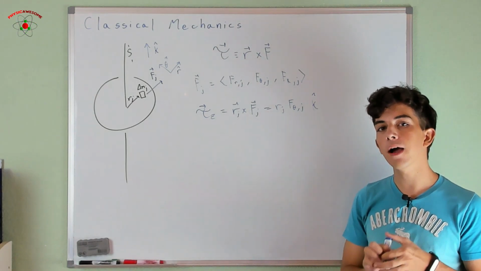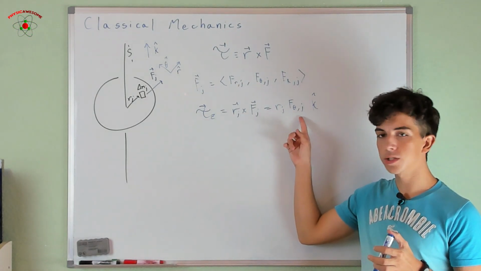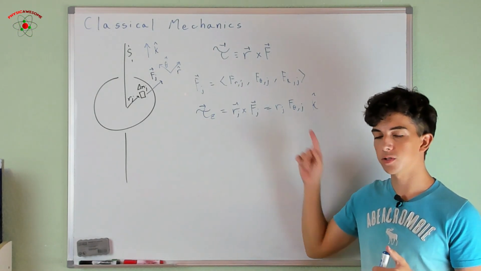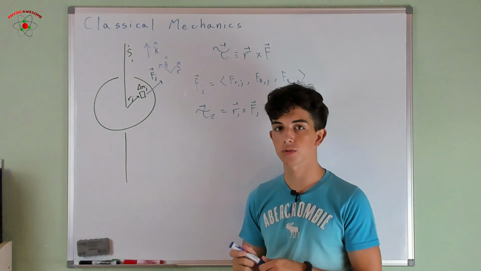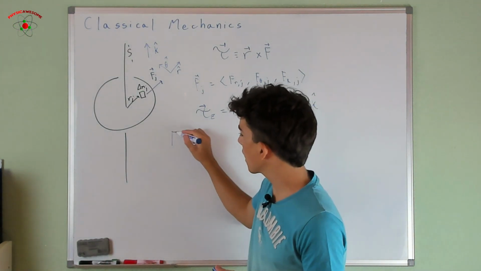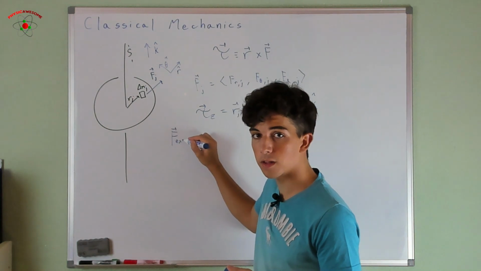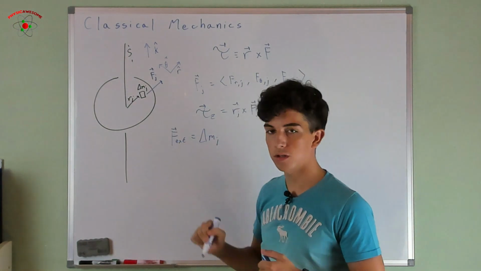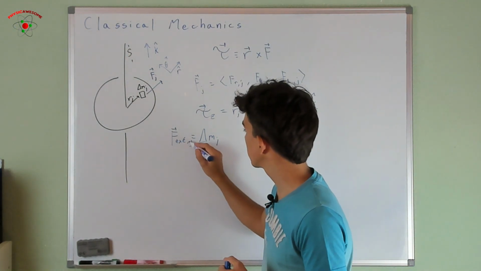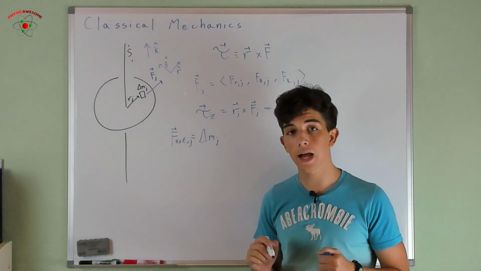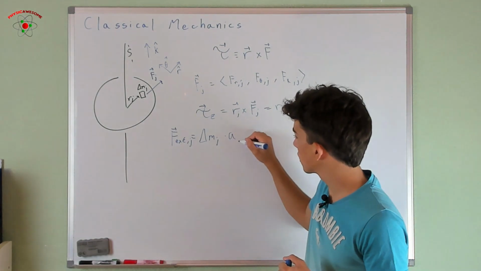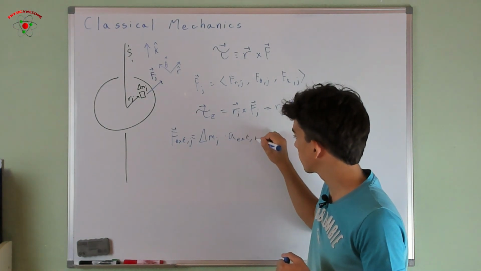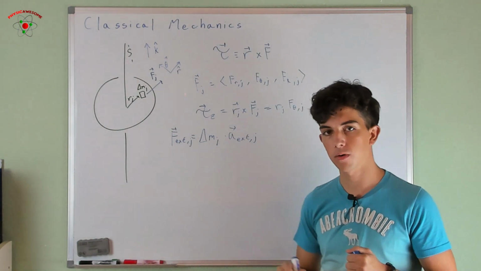Great. Now we need to find an expression for this force, and remember from Newton's second law that the external force on an object is equal to this small chunk of mass that is being acted on times the acceleration. So it's going to be acceleration external j, and this is going to be a vector.